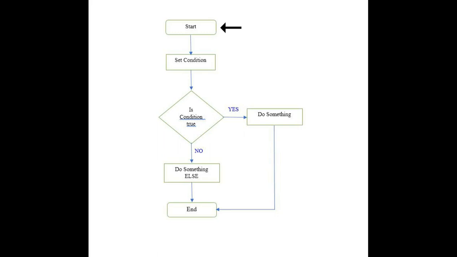Next, we set the condition, and then we test our condition. If the condition is true, then the if part of the code is run. So it will come across here where it says yes, and it will run some code, it will do something. If, however, this condition is false, then the else part of the code will run, and once that is run, the program will terminate.